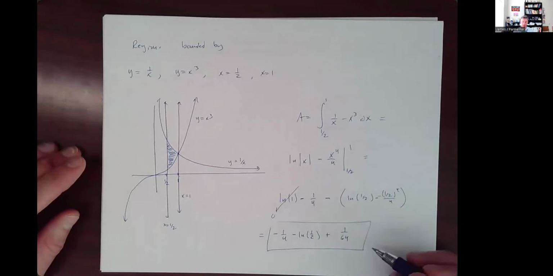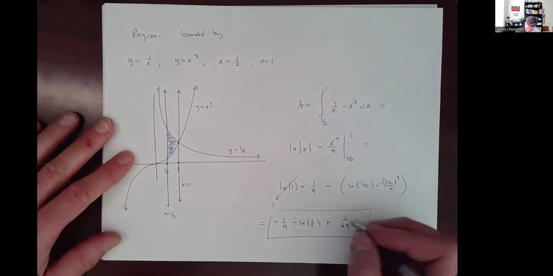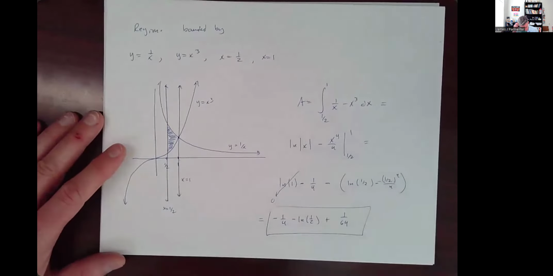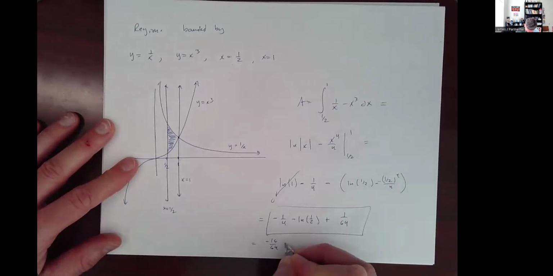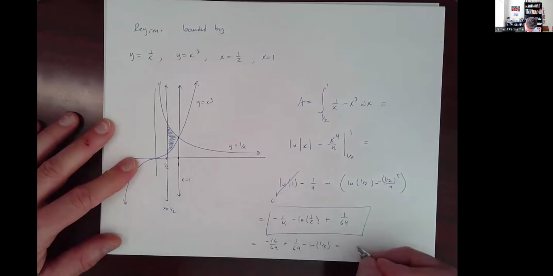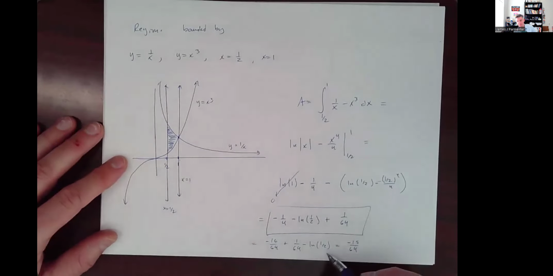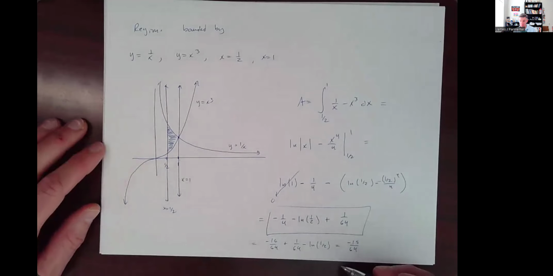Here's why this is not negative, or at least how you can simplify this. So normally I wouldn't simplify this one. But if we simplify here, I'm going to multiply this by 16 over 16. I'm going to get -16 over 64 plus 1 over 64 minus the natural log of 1/2. -16 plus 1 is -15. So -15/64. But here's the deal. Natural log of 1/2 is actually negative. Think about the natural log.